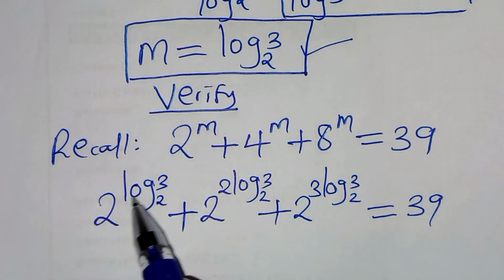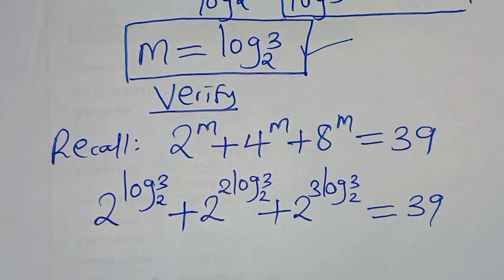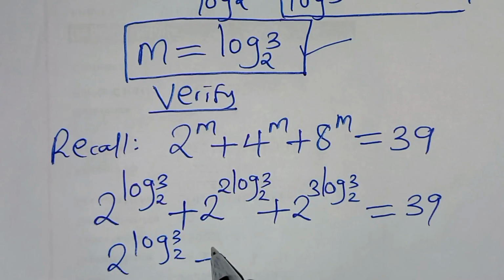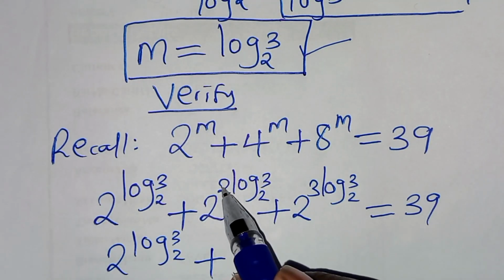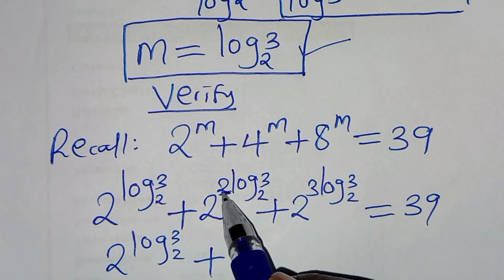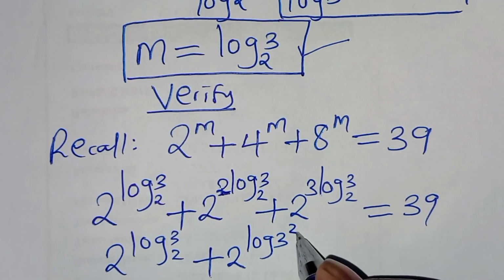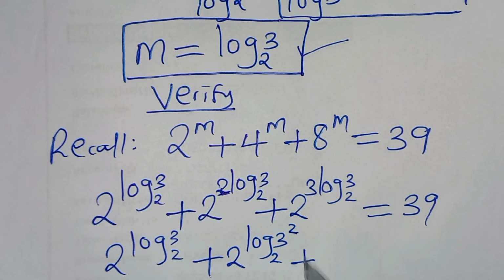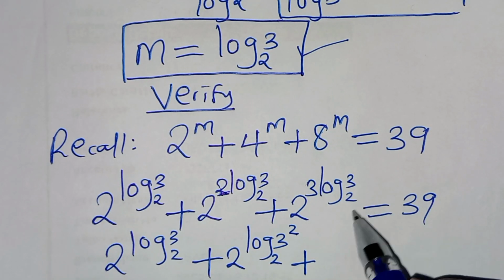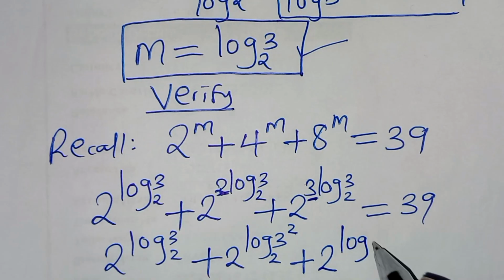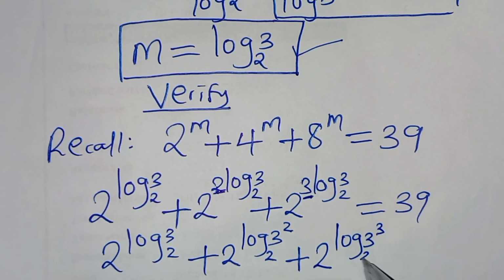Now, we have 2 to power log 3 to base 2, plus we can express 2 to power 2 log 3 to base 2. Remember, this is a power. This can be expressed as 2 to power log 3 squared to base 2. And then plus 2 to power 3 log 3 to base 2. This is a power. We can express this as 2 to power log 3 to power 3 to base 2.